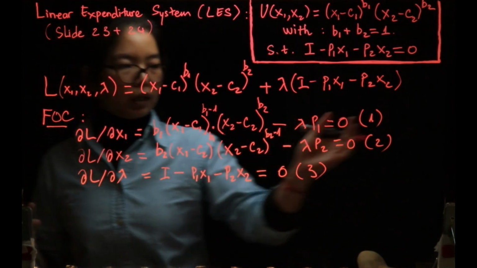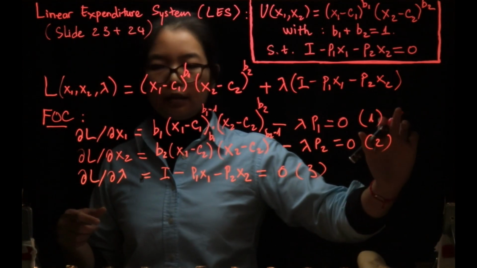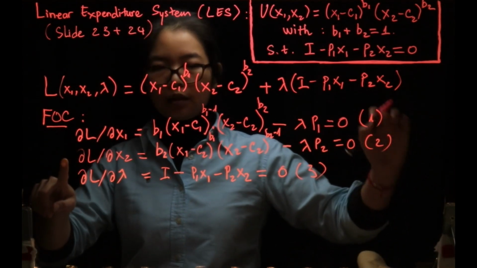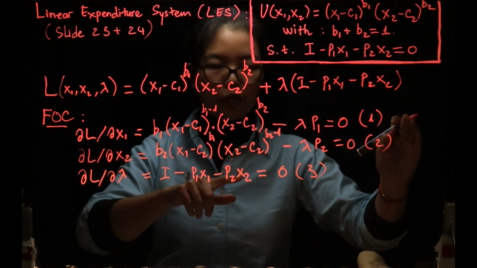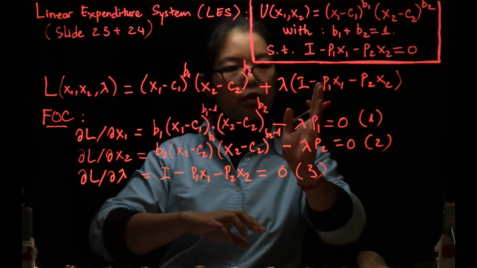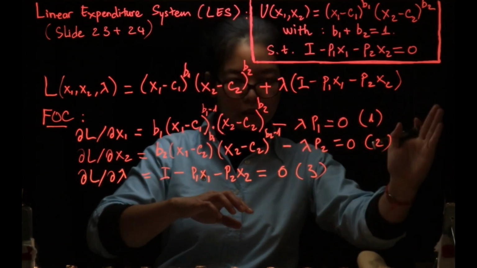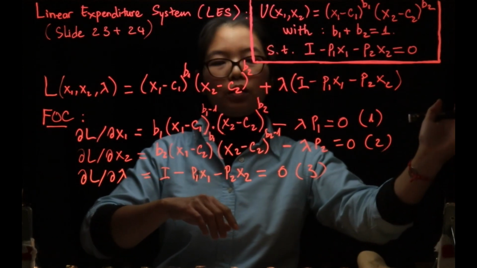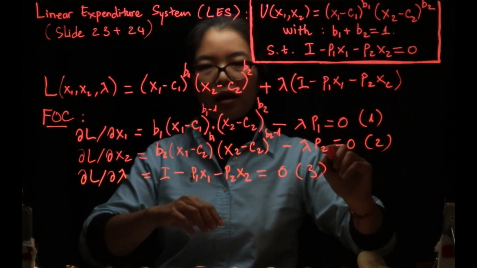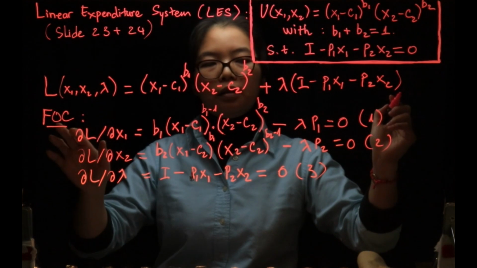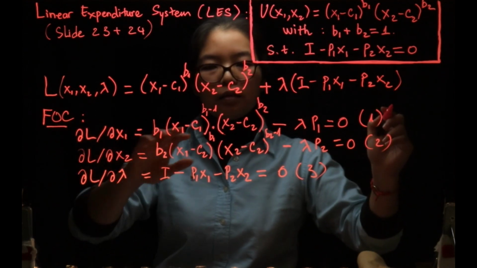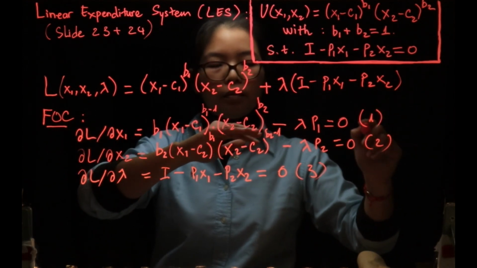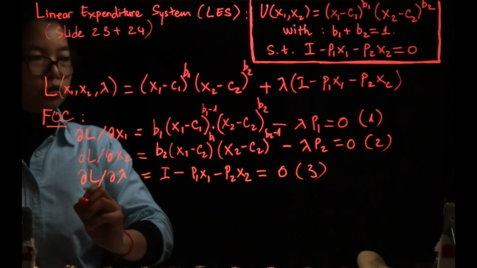Now, let's manipulate the first two equations similar to the way we did it before. First of all, we put lambda times price to the right hand side of the equation, and then divide 1 by 2. So let's do it.